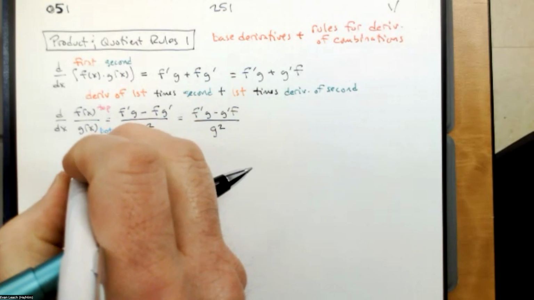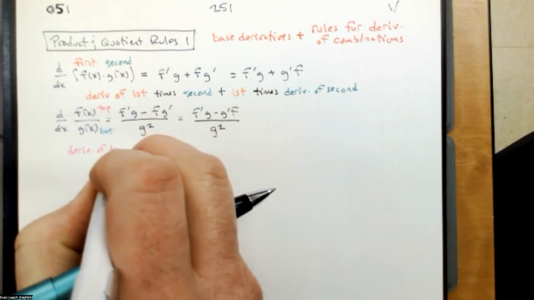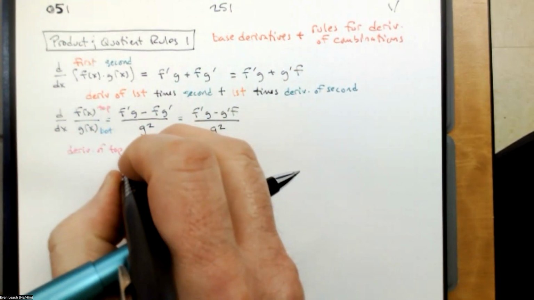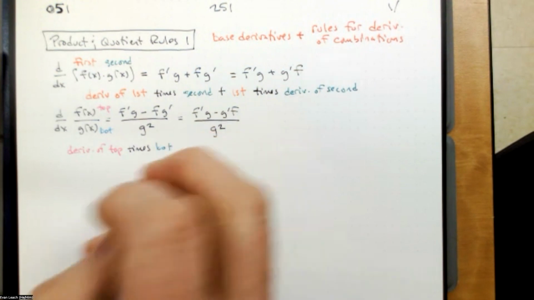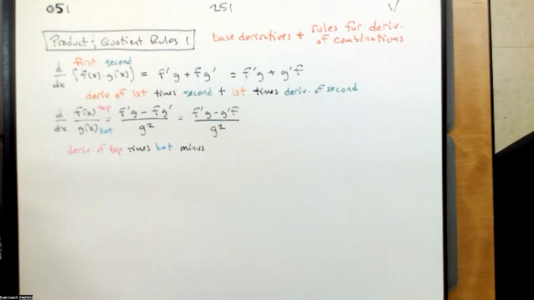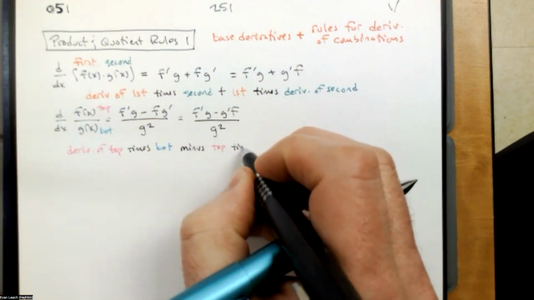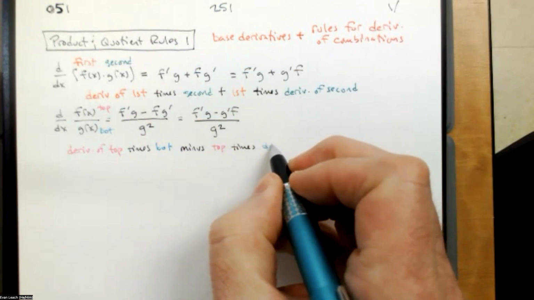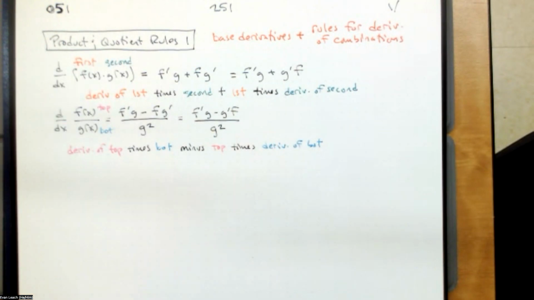So I'd say the derivative of the top times the bottom minus the top times the derivative of the bottom, and then to group those things together, I've built the habit of saying all over the bottom squared.